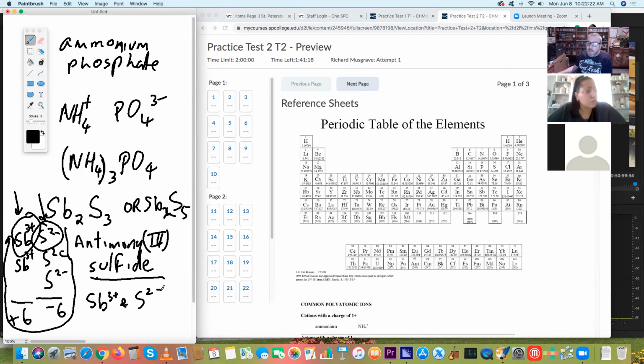Well, it's all predicated on the fact that everything has to balance out. So if you knew that the charge was Sb3 plus and you knew that the charge was S2 minus, then from there you'd be asking the question, well, how many of each do I need to make those charges balance out? And you would need 2 Sb3 pluses to make +6 and 3 S2 minuses to make -6.